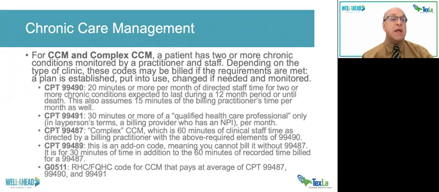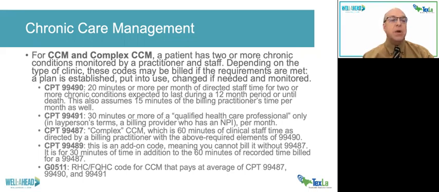And then in chronic care management, that's a similar one that we did in that particular presentation earlier in the series. You basically look at whether you're doing a lower or a higher complexity of monitoring and managing of 2 or more chronic problems. These are all the billing codes, again, based on time.